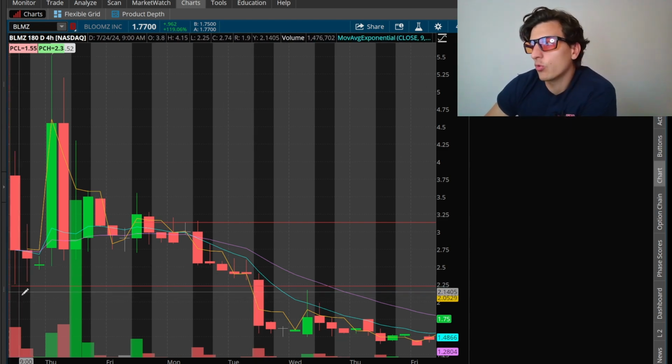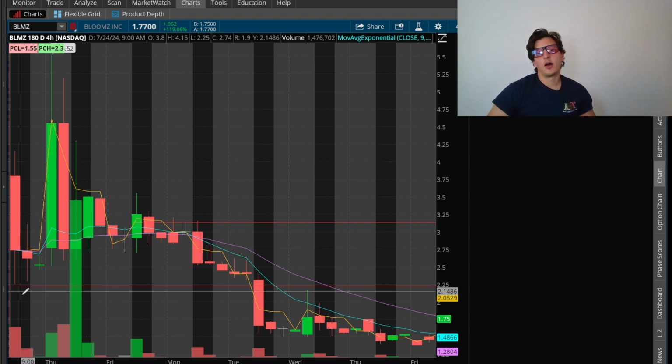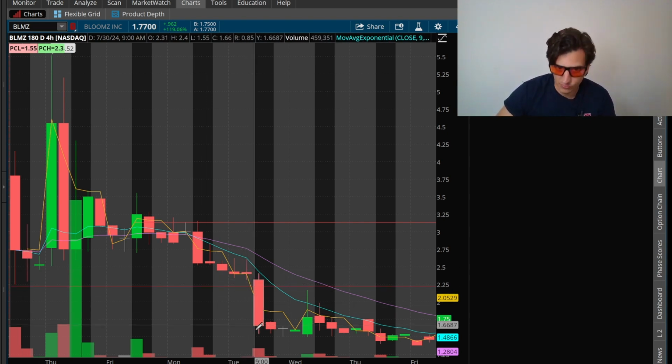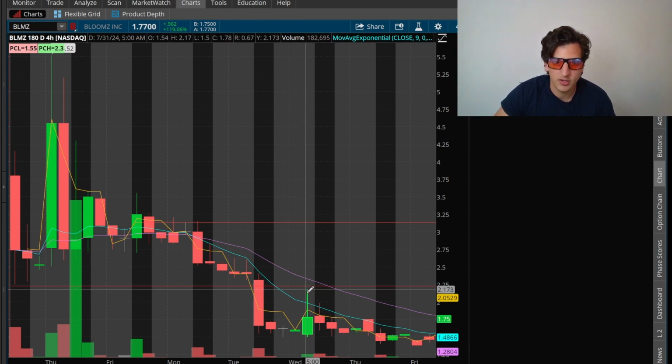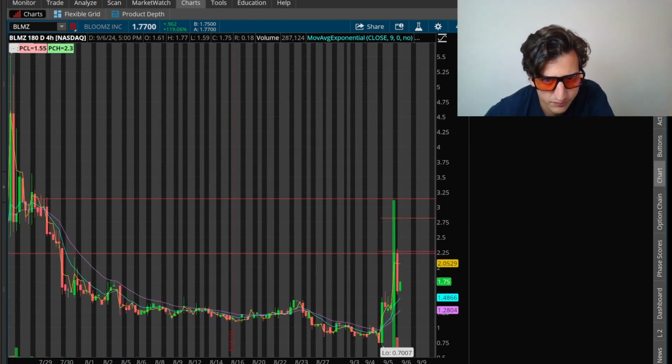So now our rule is previous support becoming resistance, or previous resistance becoming support. So it looks like it was previous support. After we're breaking down, now it's going to act as resistance. We did curl up here for a retest of that level, verifying the resistance there. So it looks like we still have resistance.